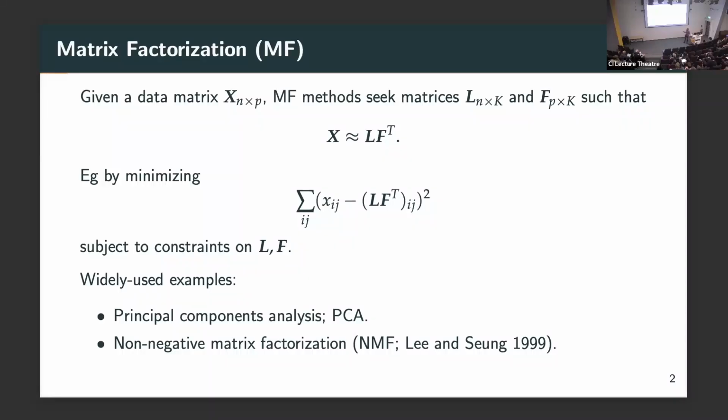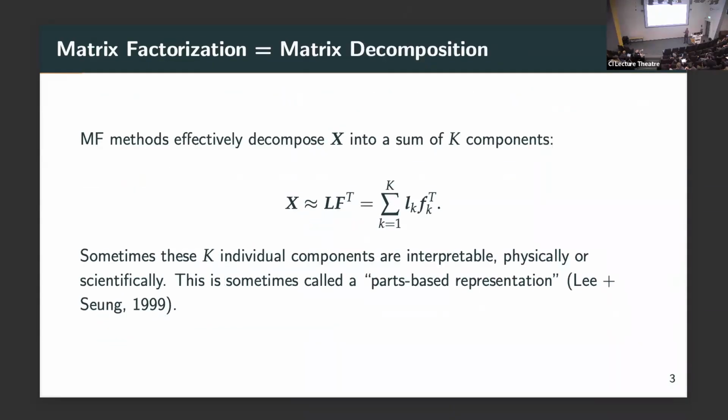And if you assume that L and F are non-negative, that is, every element of L and every element of F is non-negative, then you get non-negative matrix factorization. So there's a whole menagerie of matrix factorization methods out there that correspond to different assumptions on L and F.